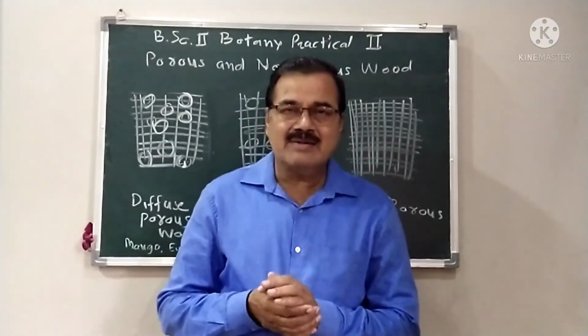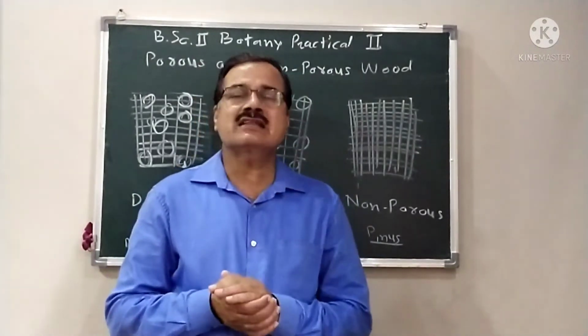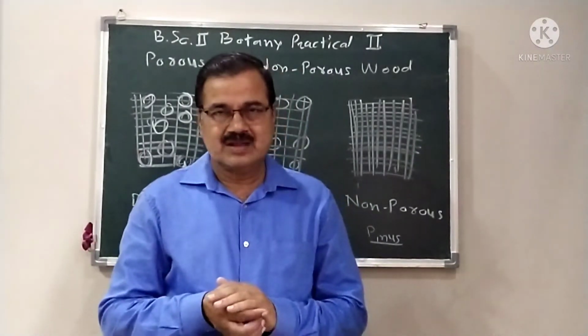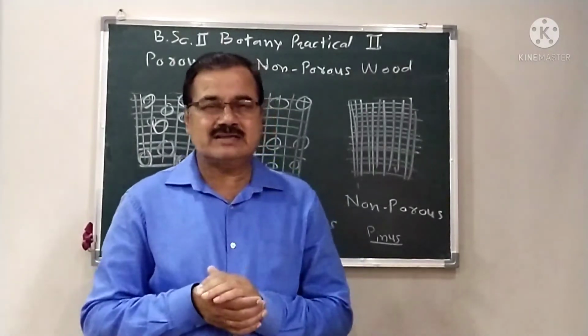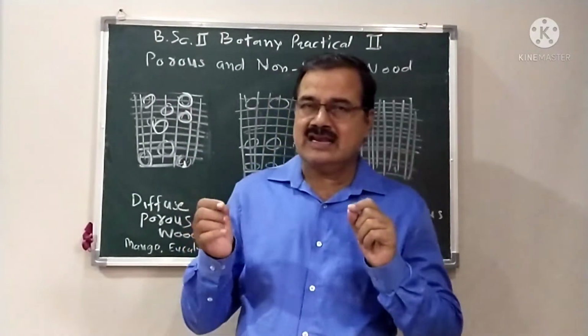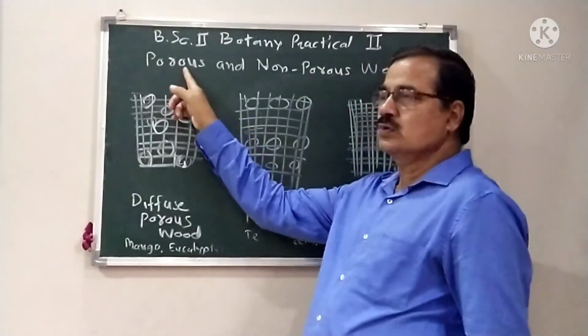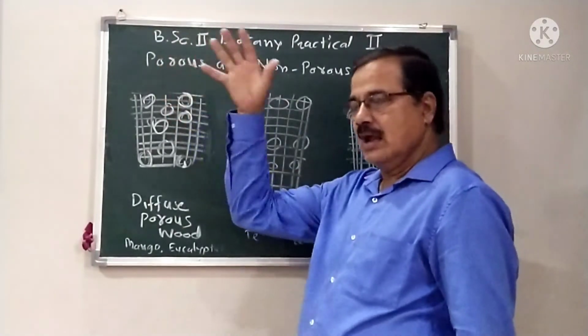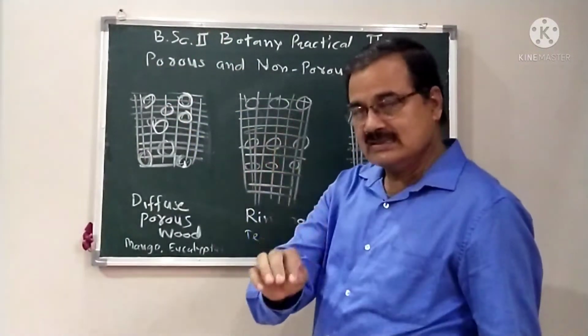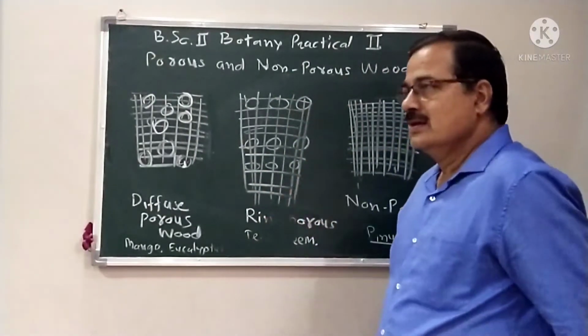On the basis of the xylem vessels in the tissue, when xylem vessels are present, the wood is known as porous wood. And if xylem vessels are absent, it is known as non-porous wood. In the secondary xylem that is formed, xylem tracheids and sclerenchyma fibers are present.